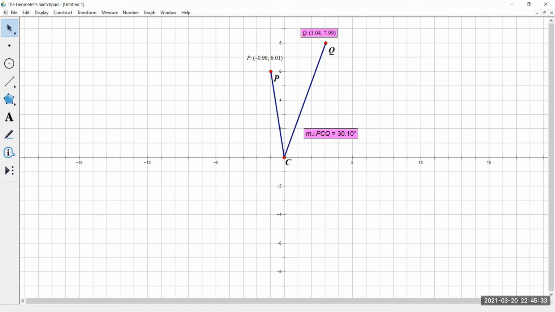The next thing we were going to justify is that the area of this triangle POQ is 13. Let's justify that now. Remember, I rounded off. So if I were to close this up, I'm going to just go to art.